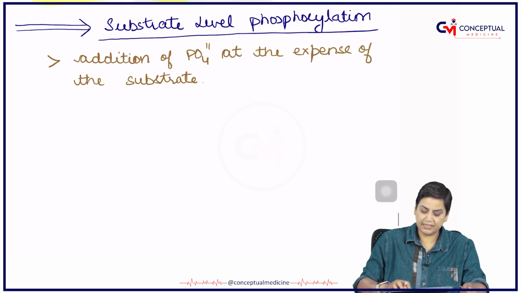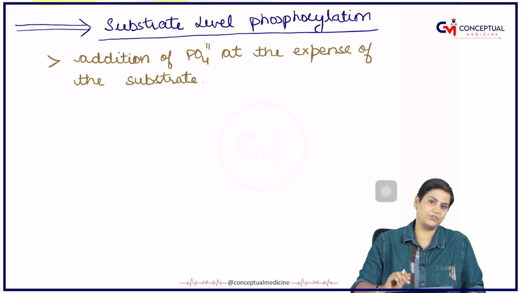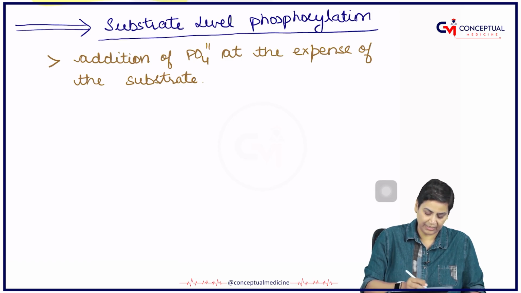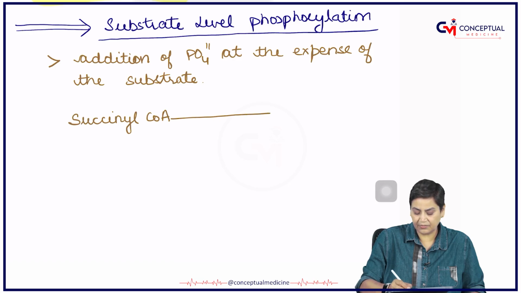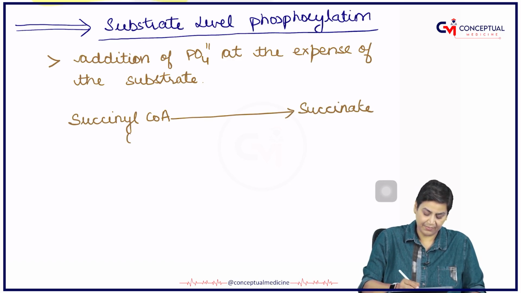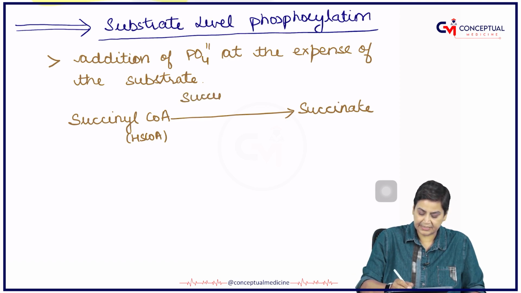Right. And here there is only one reaction which is actually an example of substrate level phosphorylation. And the reaction is succinyl coenzyme A is converted into succinate. And here coenzyme A, which is SH-CoA, so we always write it is a thio group. So the enzyme here is succinate thiokinase.